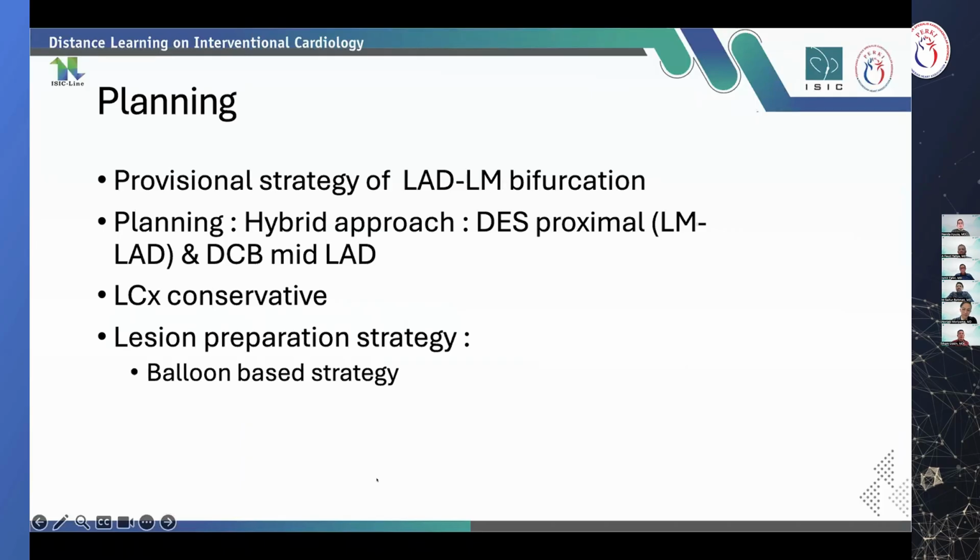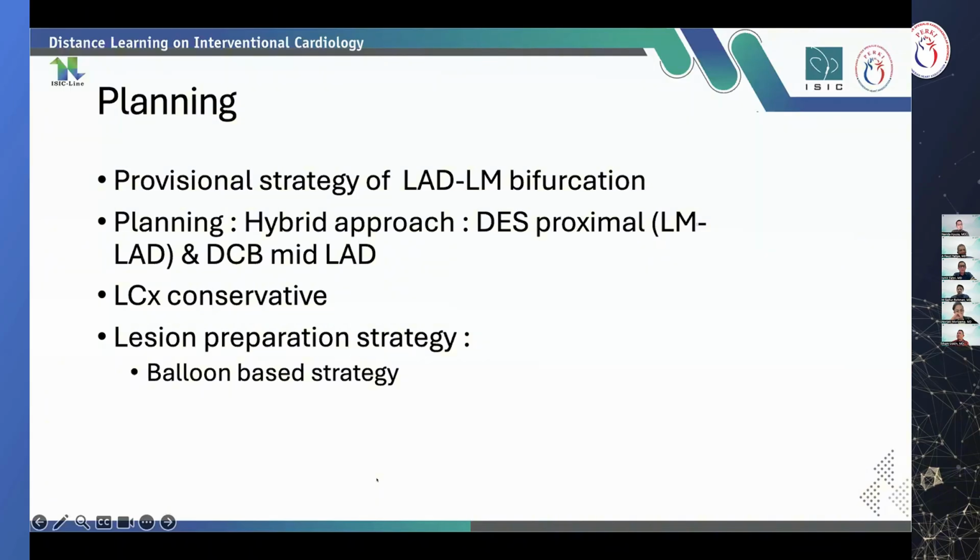So in our planning, I tend to make it more simple. My principle is KISS: keep it simple and safe. Based on the FFR and the OCT findings, we opted for a provisional left main to LAD strategy using the hybrid approach: left main to proximal LAD, and distally we will put the DCB in the mid LAD.